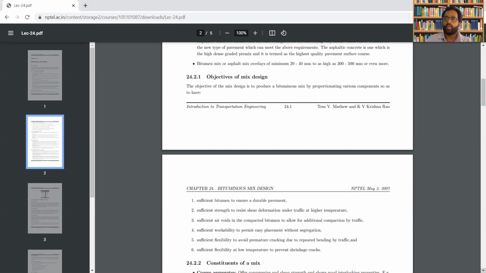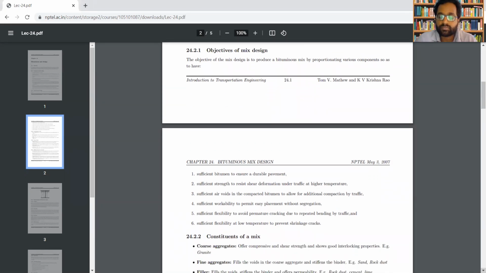Bitumen should be sufficient in amount to ensure the durability of the pavement. Then, when the pavement surface is subjected to traffic at higher temperatures, there should be sufficient strength to resist shear deformation.